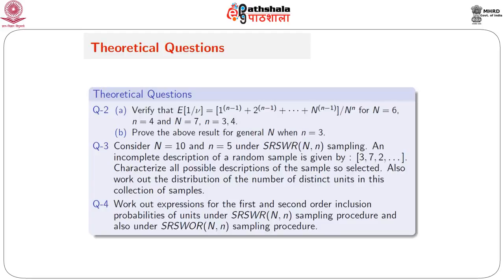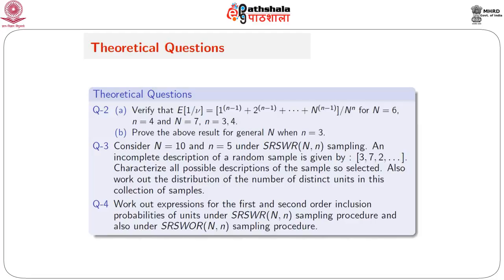That's why the notion of inclusion probability comes. The inclusion probability of unit number 1: what is the chance that unit number 1 will be included in your random sample? That is the first order inclusion probability for unit number 1, 2, 3, taken one at a time. When we say second order inclusion probability, we are referring to the joint occurrence.